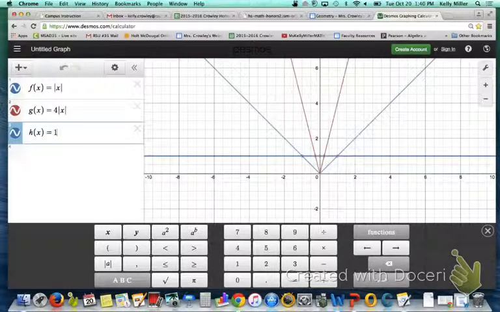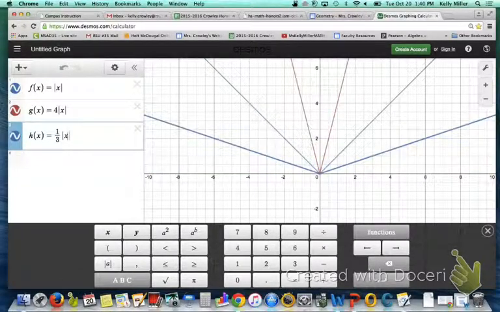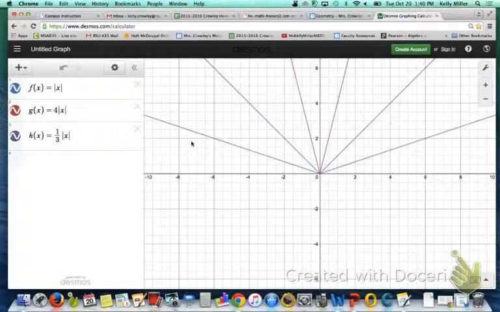Hit 1 and then the slash button and it'll make a fraction for you. Times the absolute value of x. What happened there? Did it stretch or compress from the original? It compressed, right?